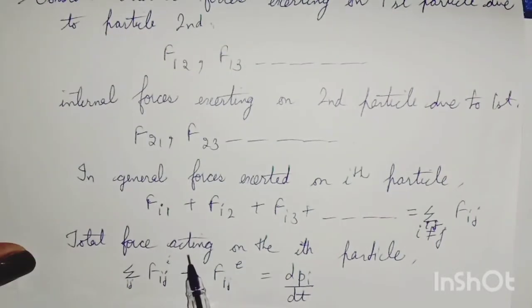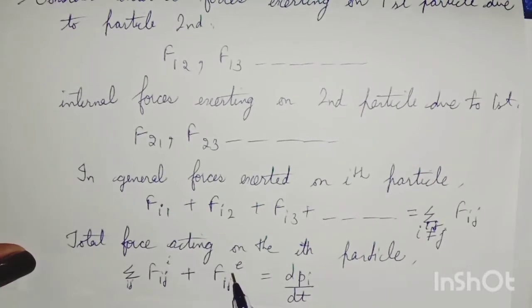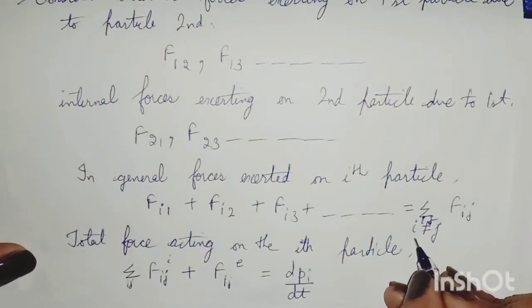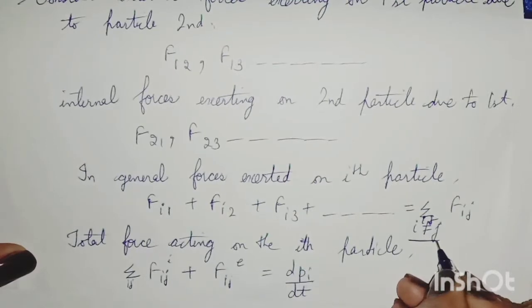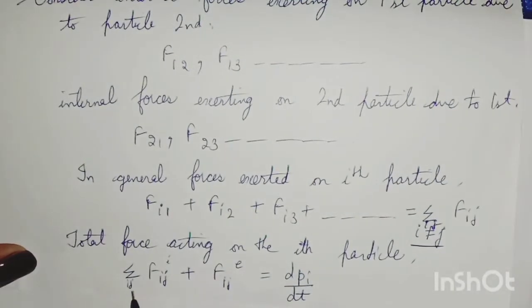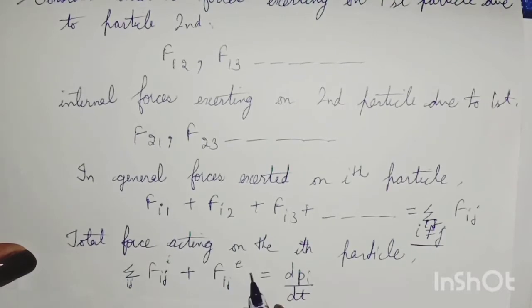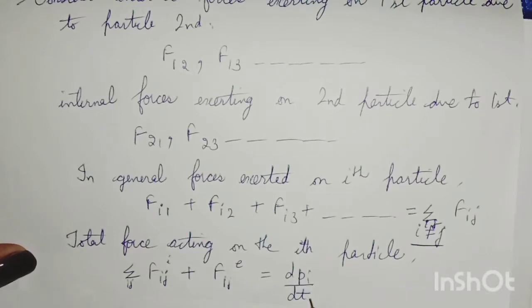Total force is the sum of internal forces and external forces. For internal forces, we have the condition that i is not equal to j. That means summation over j of Fij internal plus Fi external is equal to dPi upon dt.